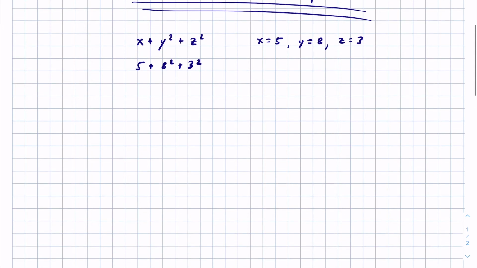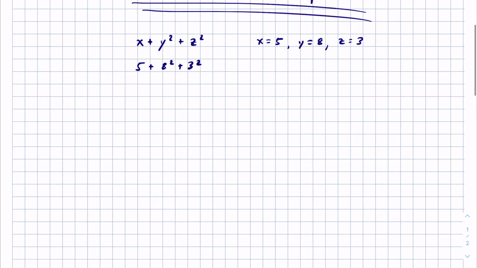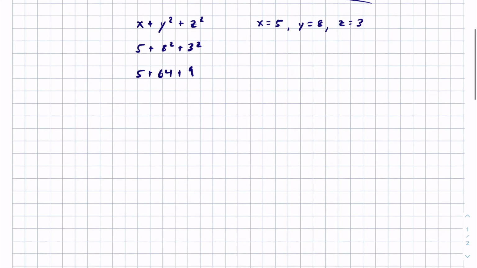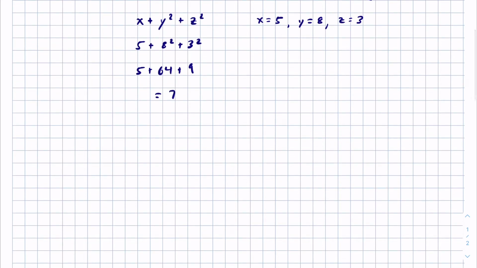If we then evaluate the exponents under the order of operations, we have 5 plus 64 plus 9, which adds up to 78, which is the final result.